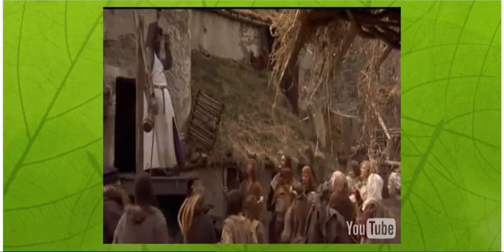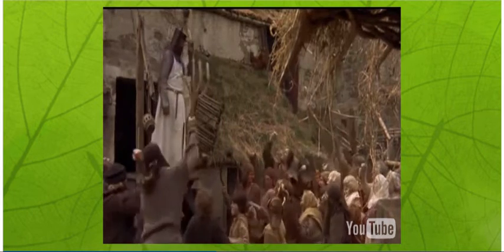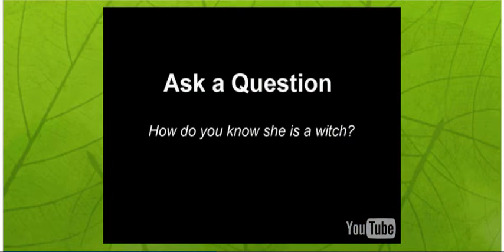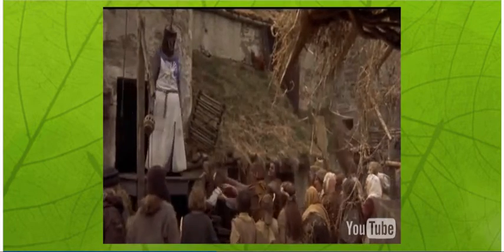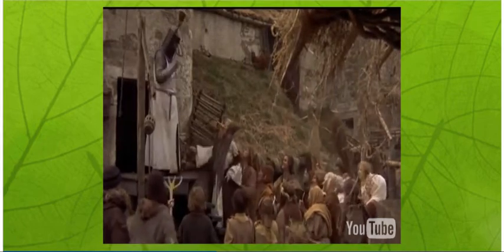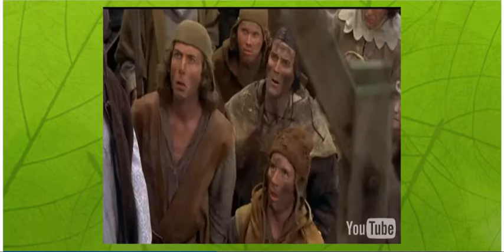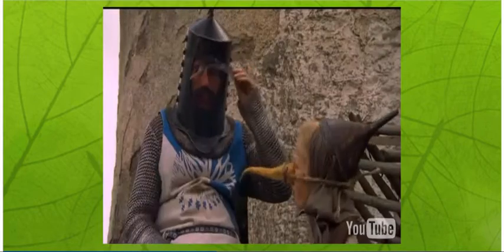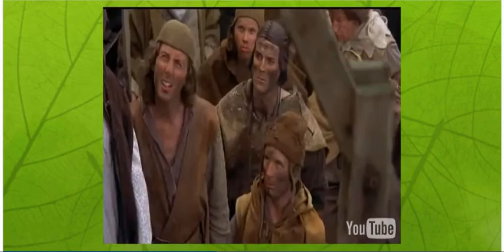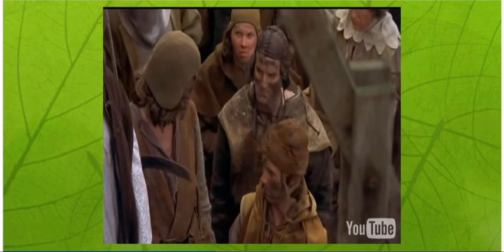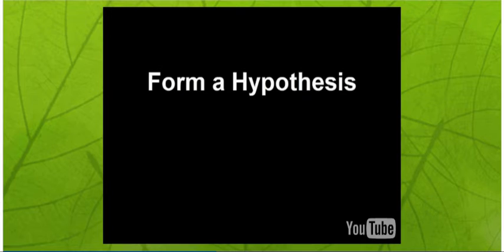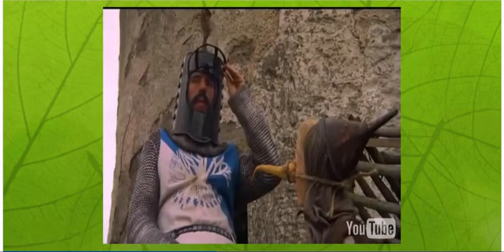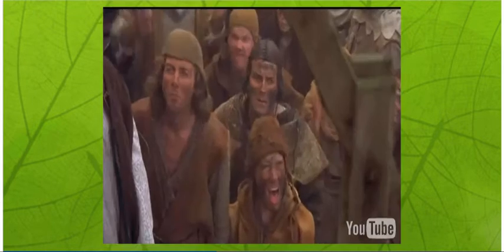We have found the witch, may we burn her? How do you know she is a witch? She looks like one. Bring her forward. I'm not a witch, I'm not a witch. What makes you think she is a witch? Oh, she turned me into a newt. A newt? I got better. Tell me, what do you do with witches?